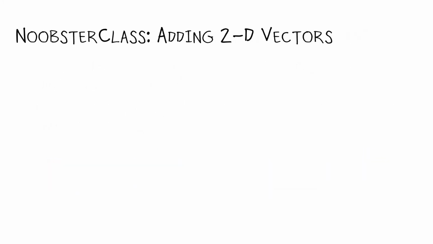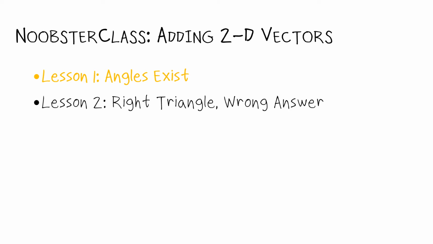As a quick overview of where this Noobster class is headed, we are going to be learning how to add vectors that are pointing in any direction together. But in order to do that, we're going to learn and build from a series of simpler steps. Today's lesson deals with angles, specifically defining how we can write angles with regard to what's called a standard angle, which is going to help us unlock some powerful trigonometric abilities later on. The next lesson is going to be involving some perhaps review math with the right triangle, including Pythagorean theorem and SOHCAHTOA.